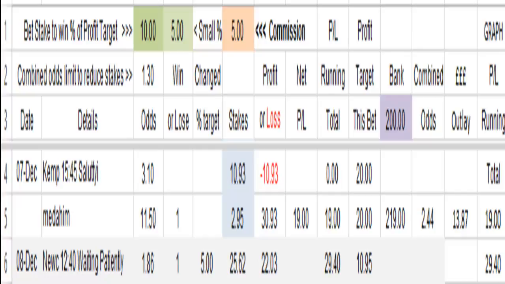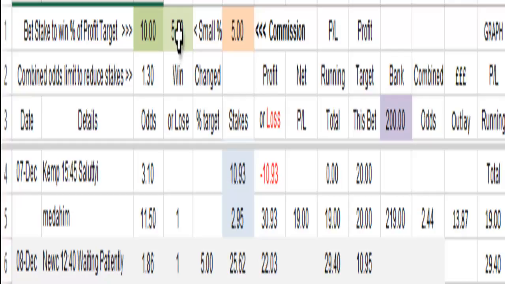Now, let me take you through the menu and make it easy for you to understand as I go along, okay? Right, here, for instance, we've got bet stakes to win, profit target 10%, okay? This 5 here is also the percentage that Betfair charges.